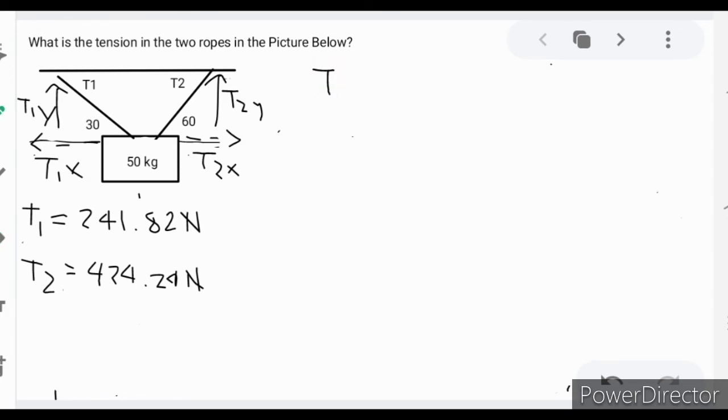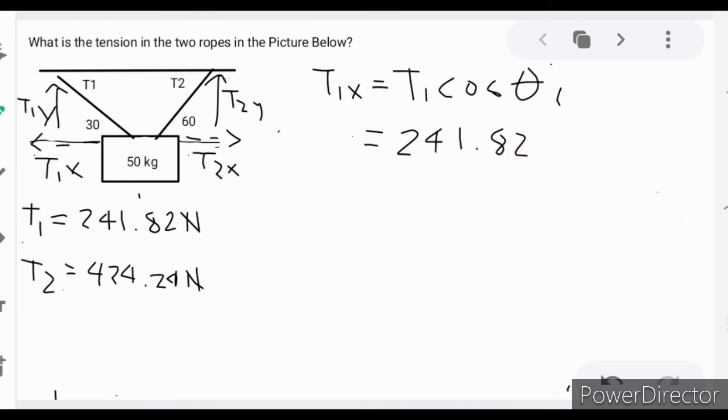Now let's proceed for the values along T sub 1. Now let's try Tx sub 1 first. So we have T sub 1 cosine theta sub 1. So the value for T sub 1 is 241.82 Newton.